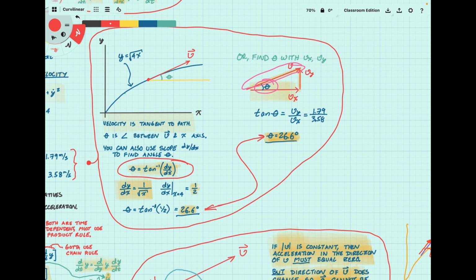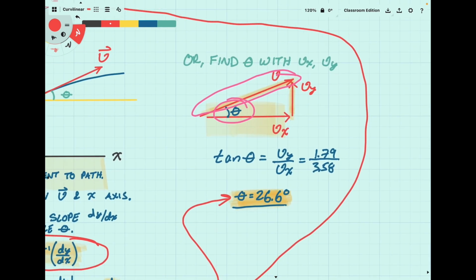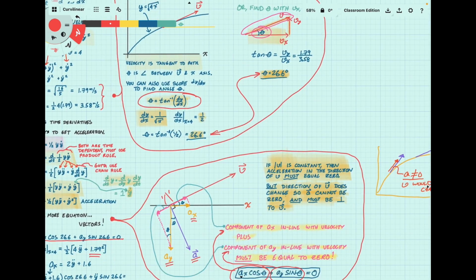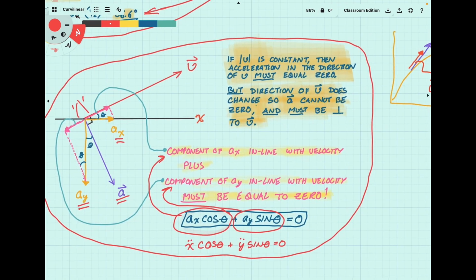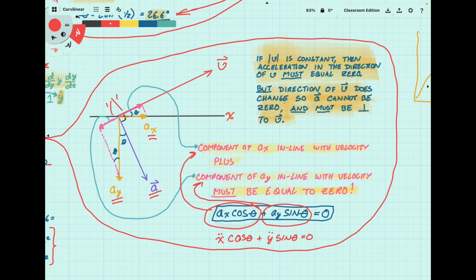Then we looked at the breakdown of the velocity vector along that angle. And last, we used information from the problem to show that when your magnitude of velocity is constant, then the acceleration component in line with the velocity has to be 0, and you can break down the acceleration vector into components into a useful form to highlight that.